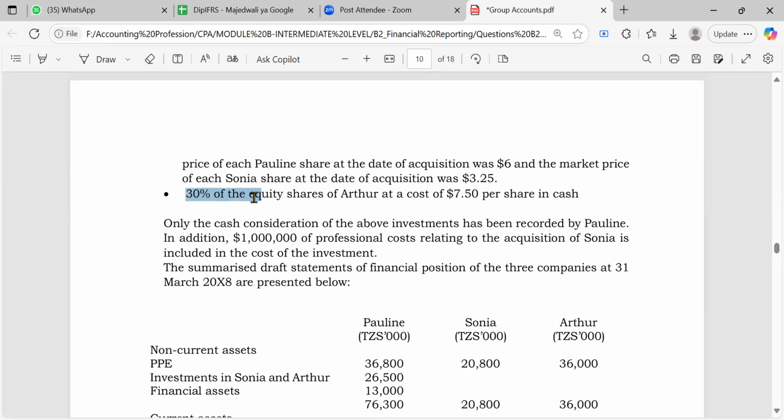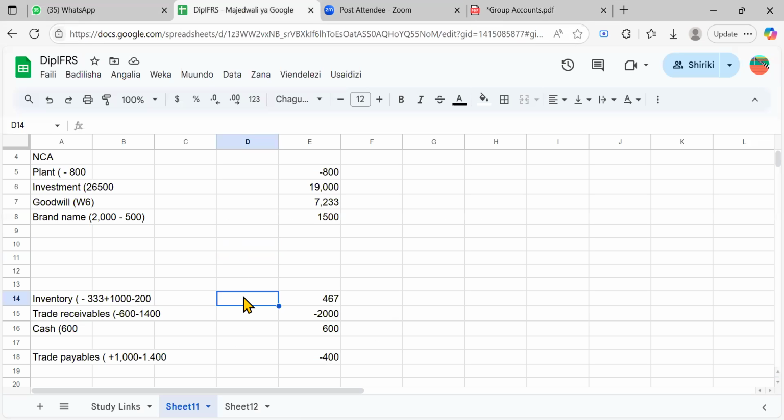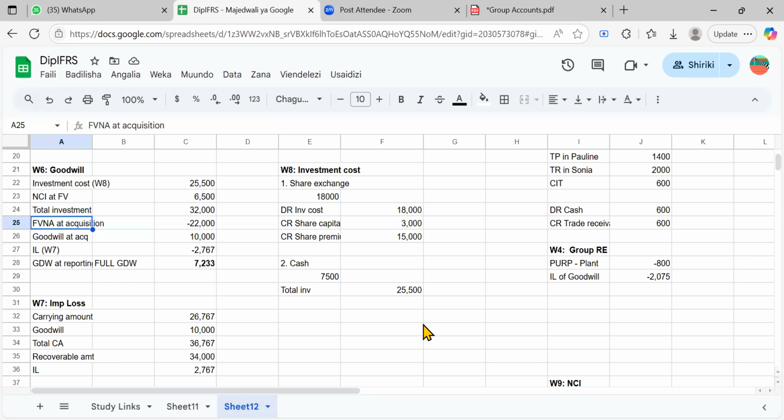We are told 30% of equity shares of Other were acquired at a cost of $7.5 per share in cash. So that one should be the investment in associate now, right?